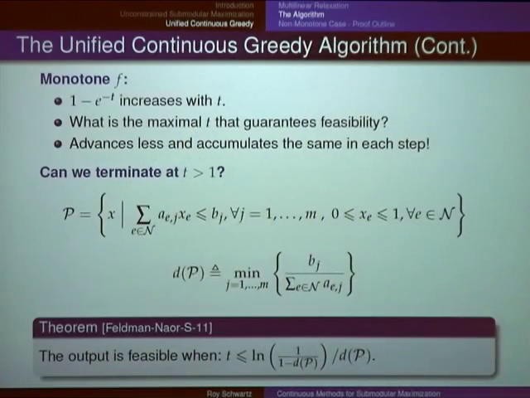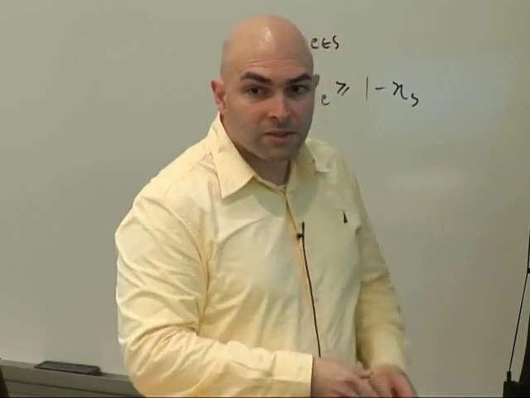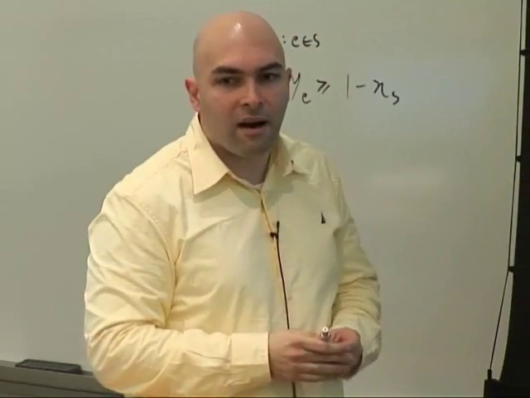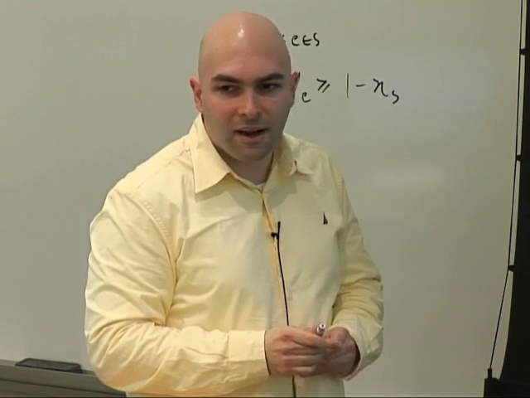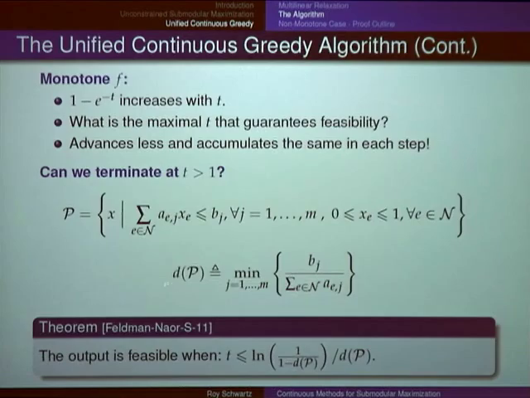So what is the worst constraint? For each constraint, we can look at the right-hand side divided by the coefficients of the variables. Don't forget that these are all 0, 1. Either you choose something or you don't. So the most constraining constraint in the polytope is the one that minimizes this ratio. And this is what you might call the density of the polytope.